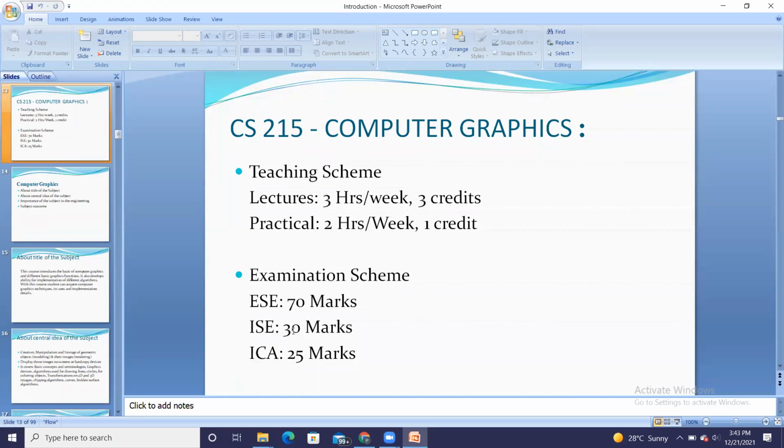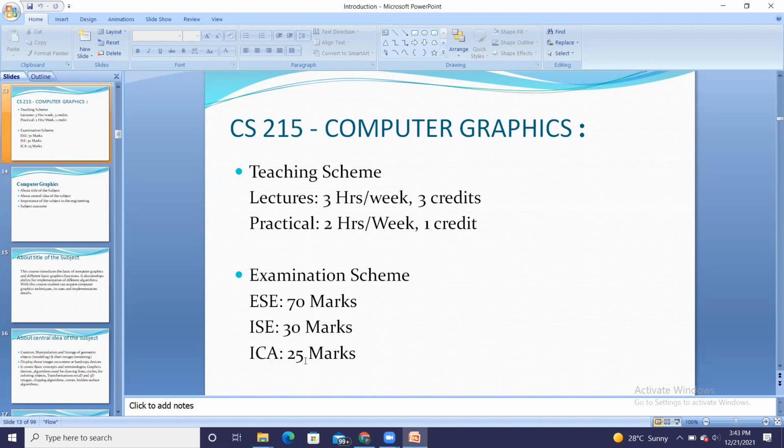For example, if you have got 26 in the first ISC and 28 in the second ISC, then the average mark will be 27. So you will get 27 out of 30, and those 27 marks will be submitted to the university. So the average of 2 ISCs will be considered as your ISC marks at the end.